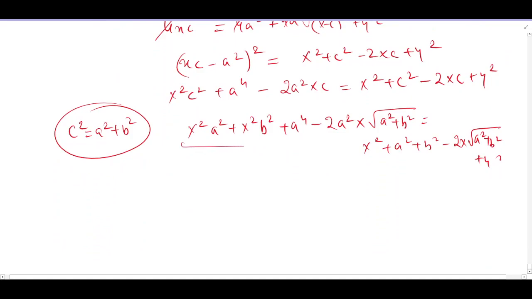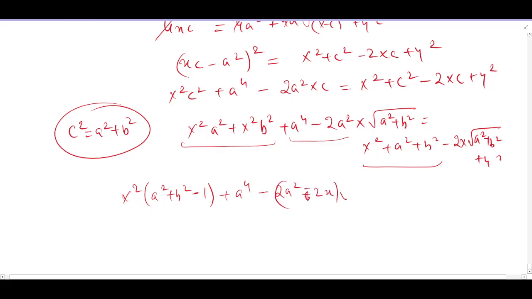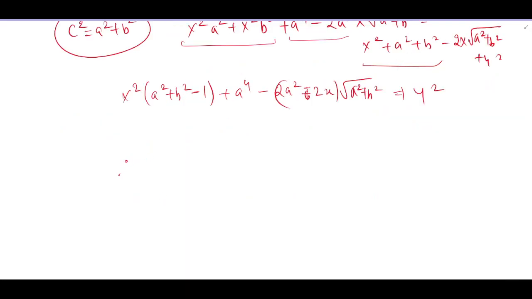So from this, after rearranging the terms, we get x square by a square minus y square by b square is equal to 1, and this is the equation of hyperbola.